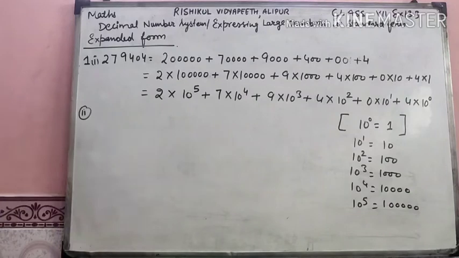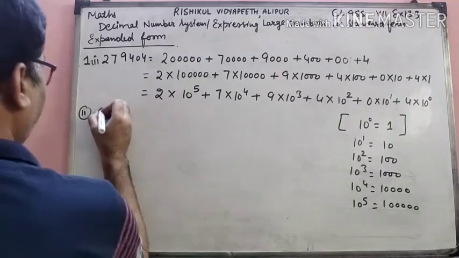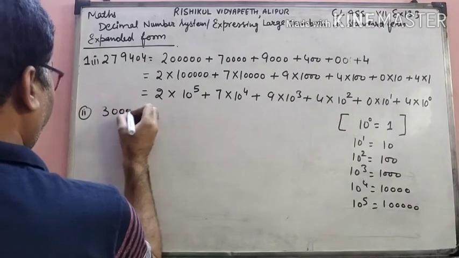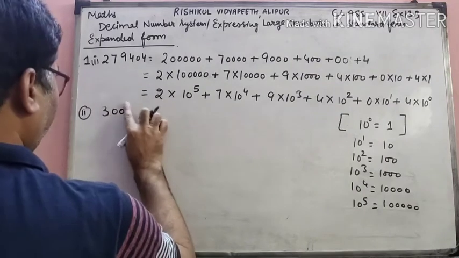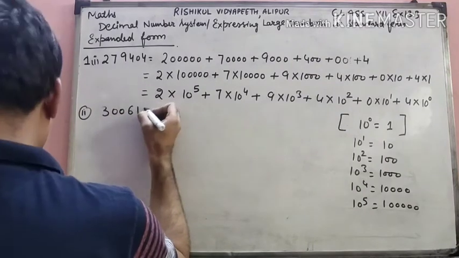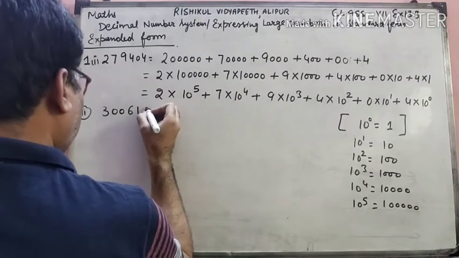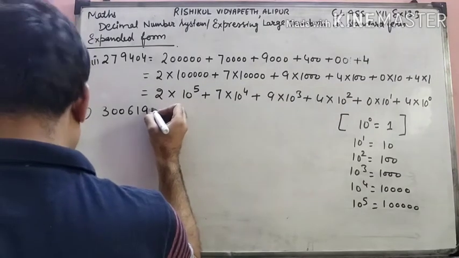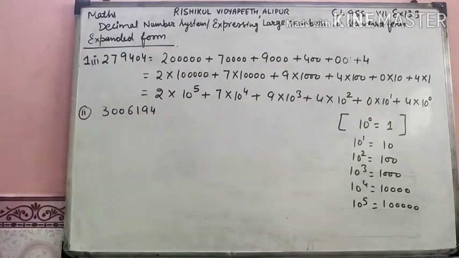Similarly, we will discuss the second part also. In the second part, what is it? 3006194. How can you write it?